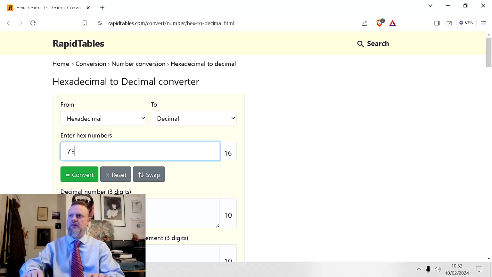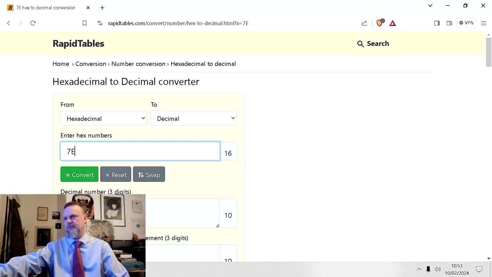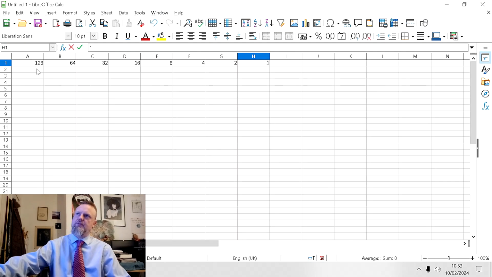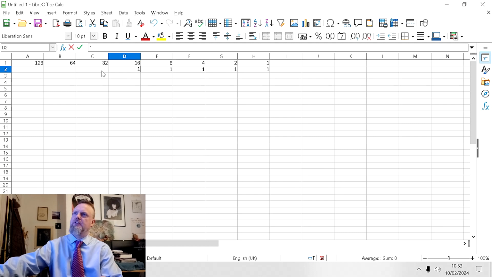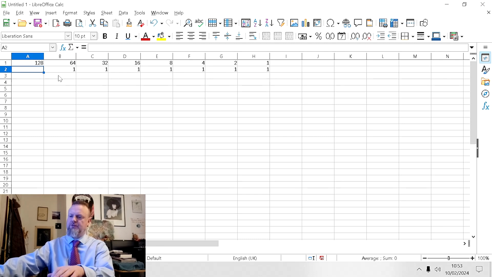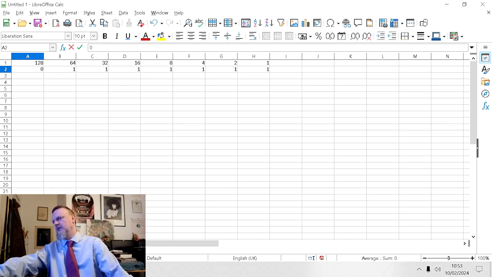7E, which is what I changed all the 7Fs to, is 126. So to go back to our spreadsheet, 127 is 1 plus 2 plus 4 plus 8 plus 16 plus 32 plus 64, and the most significant bit there will be 0.